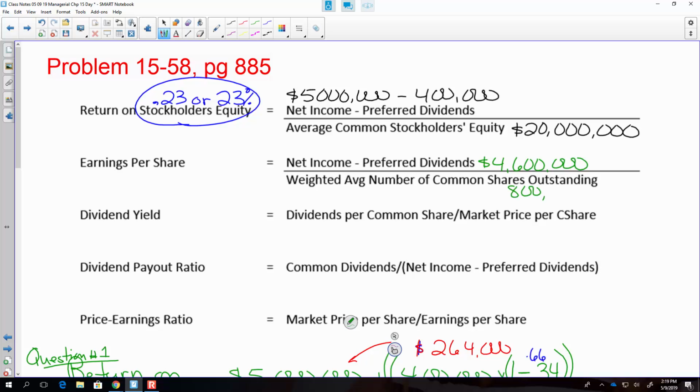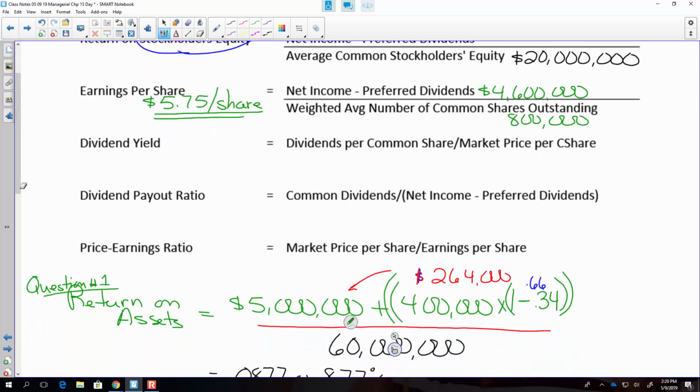So we're just kind of putting in the numbers in here. Carla, what is that? The earnings per share? It's 5.75. Cool. Just dividing our two numbers.